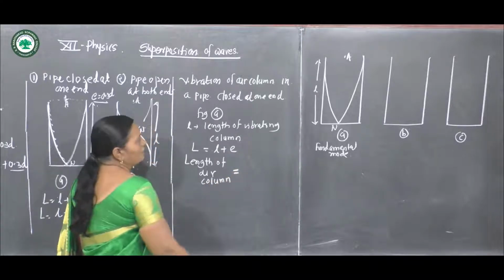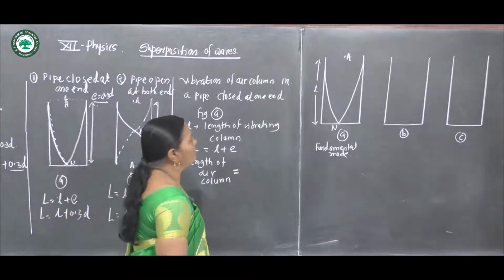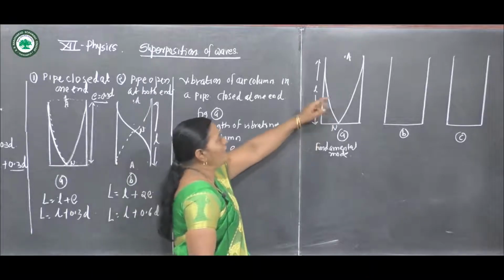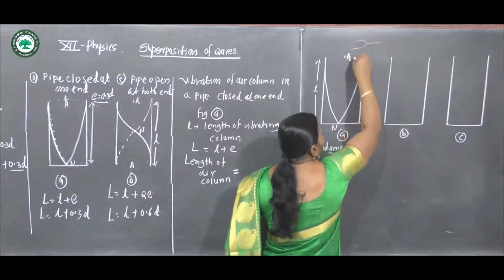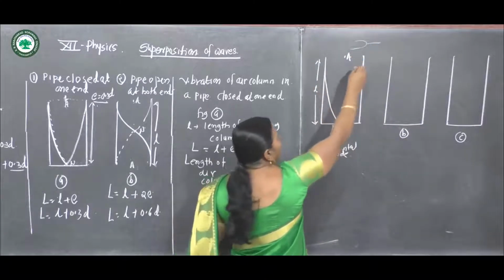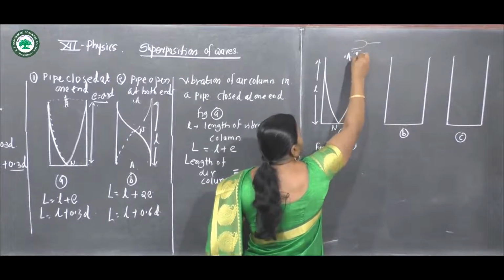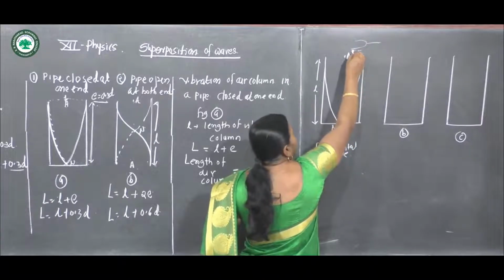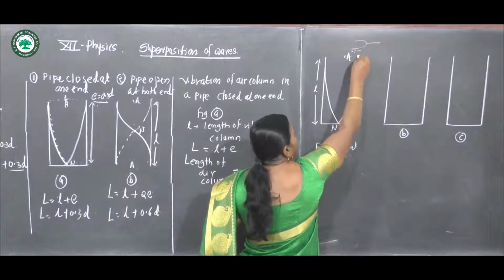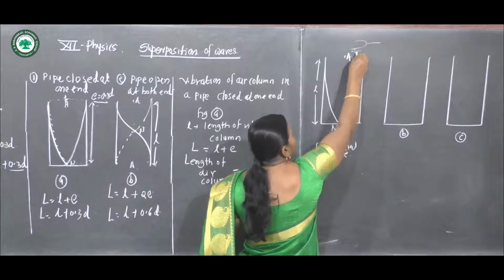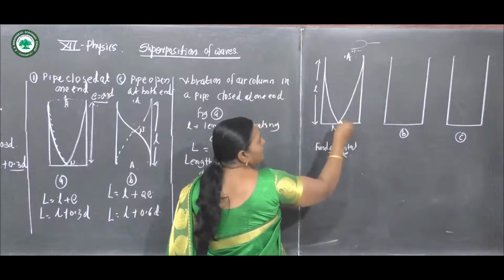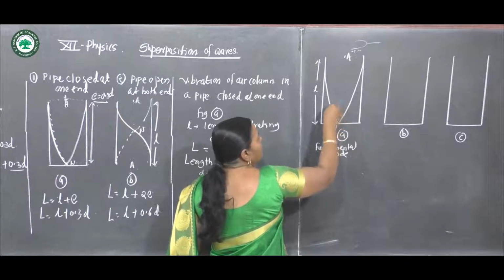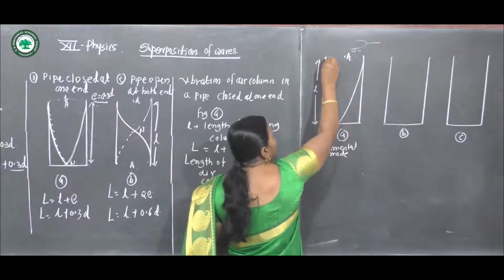Now we see the mechanism of this node and antinode. If a vibrating tuning fork is held near the open end of the pipe, a compression is sent by the tuning fork. Now this is the rarer medium, this is the denser medium. The compression is produced here, this compression travels here, again there is a reflection, and this is reflected back, and there is again rarefaction.